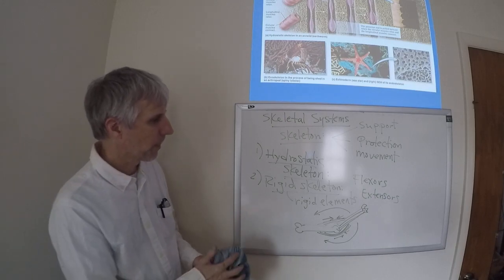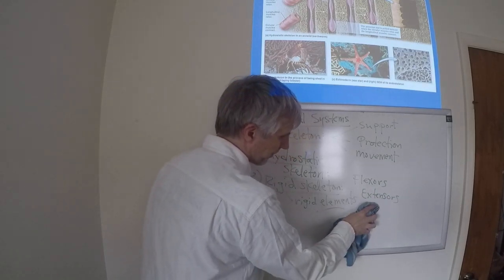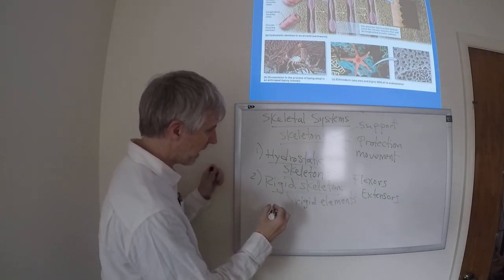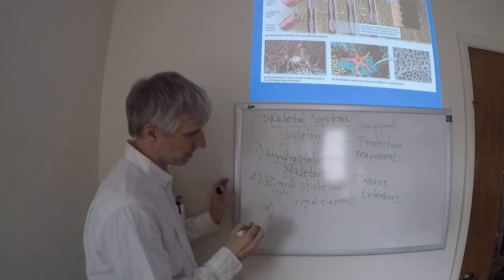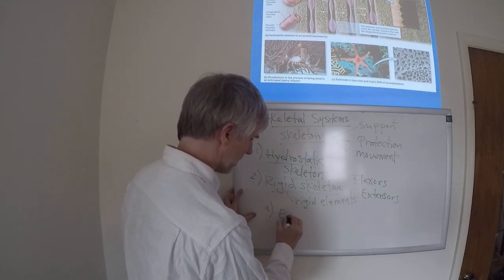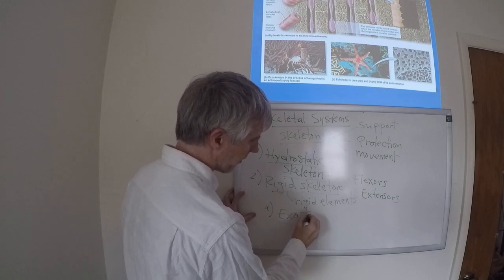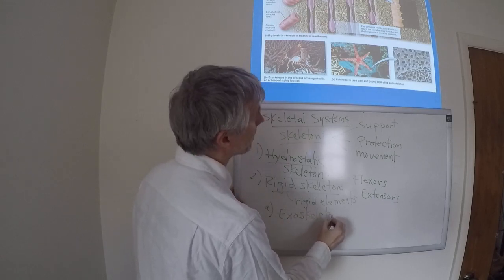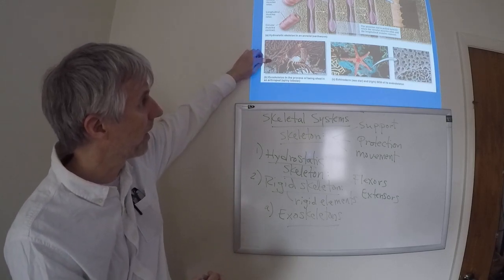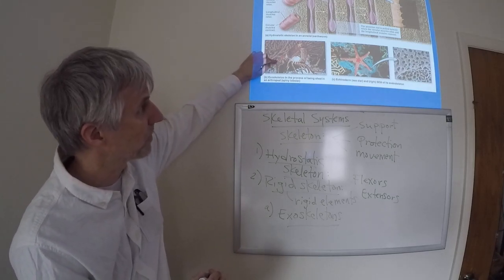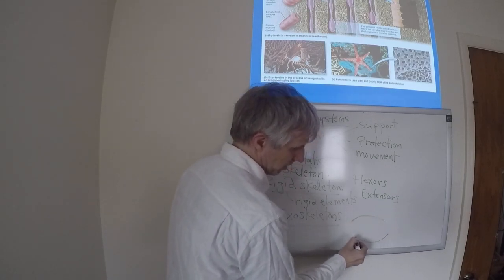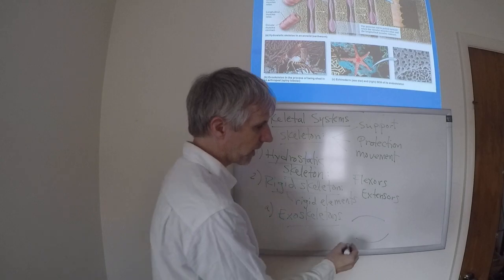Right now, the rigid skeletons are divided into different categories based on where these skeletons are. So the first group of rigid skeletons would be referred to as exoskeletons. So an exoskeleton here on this spiny lobster, that's an external structure, right, made on the outside of the organism.